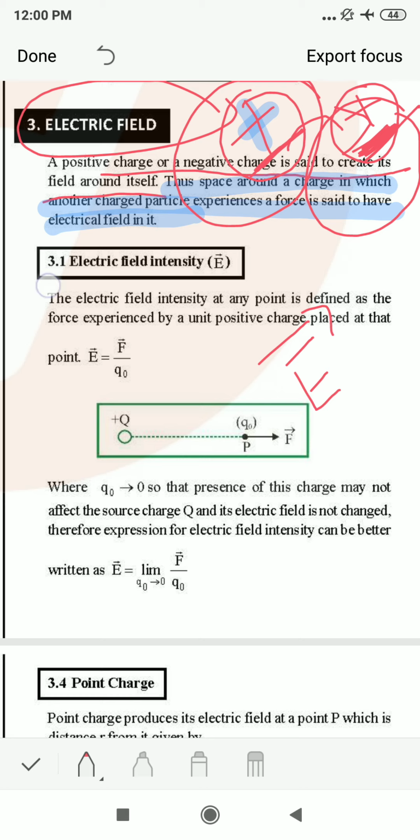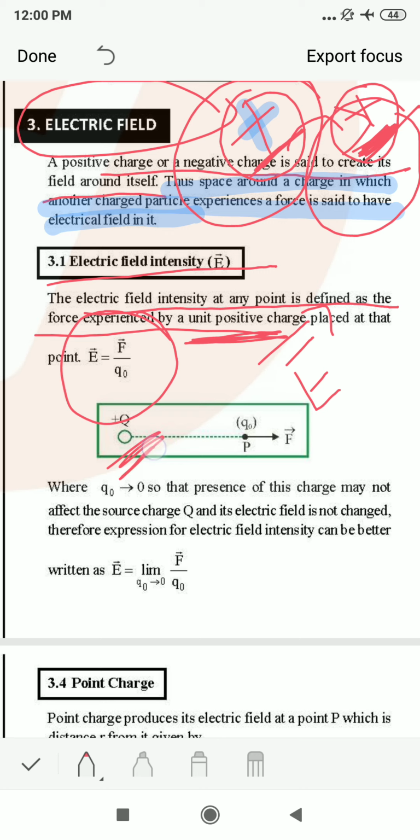The next is electric field intensity. Electric field intensity at any point is defined as the force experienced by a unit positive test charge. It will be written as E is equal to F upon Q naught.